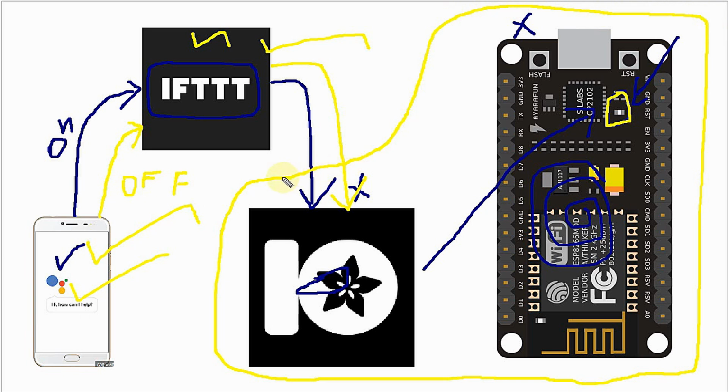We are not going to touch even the dashboard in the Adafruit IoT platform and the Python scripts running in ESP8266. So there is no other schematic that we are going to build. We are just going to connect the ESP8266 to the PC through a micro USB cable using this connector. So let's get started with configuring the IFTTT app, that is the bridge app between Google Assistant and the Adafruit IoT platform.